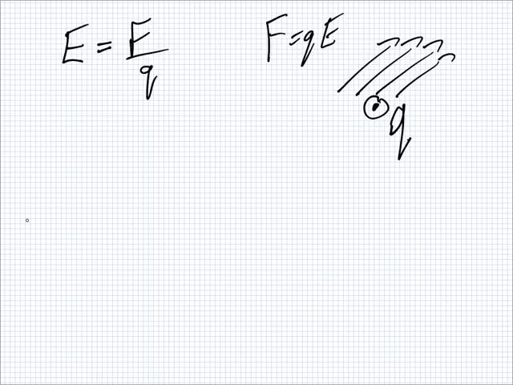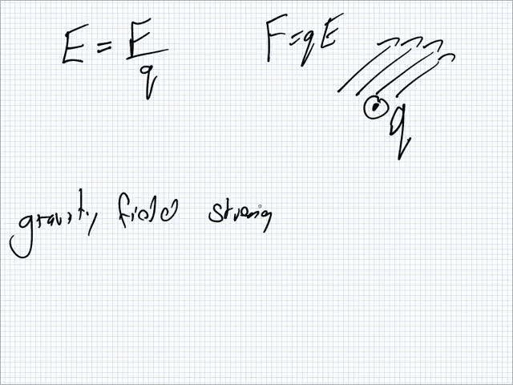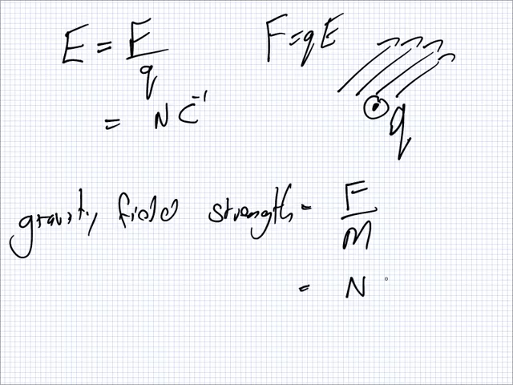So what do you think the gravity field strength is? You are right. It is force per mass. So here the unit was newtons per coulomb, whereas here the unit will be newtons per kilogram. What's that E again?